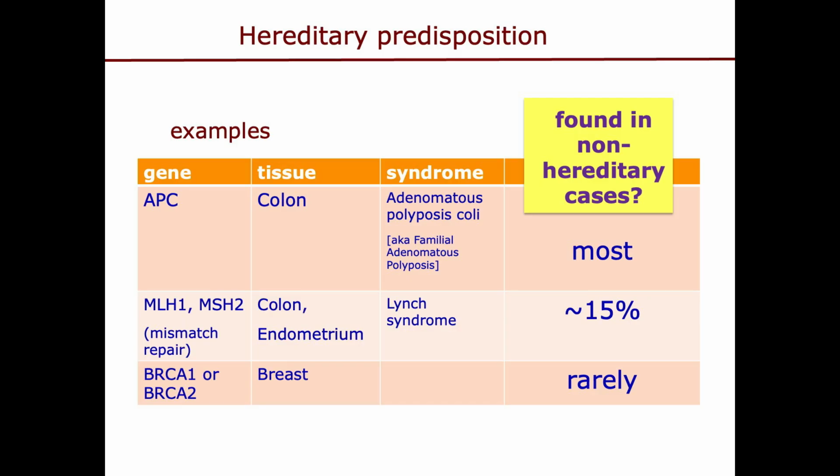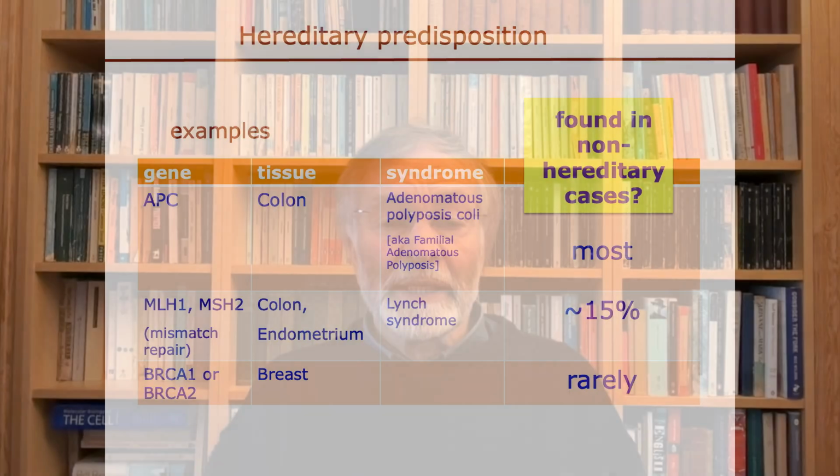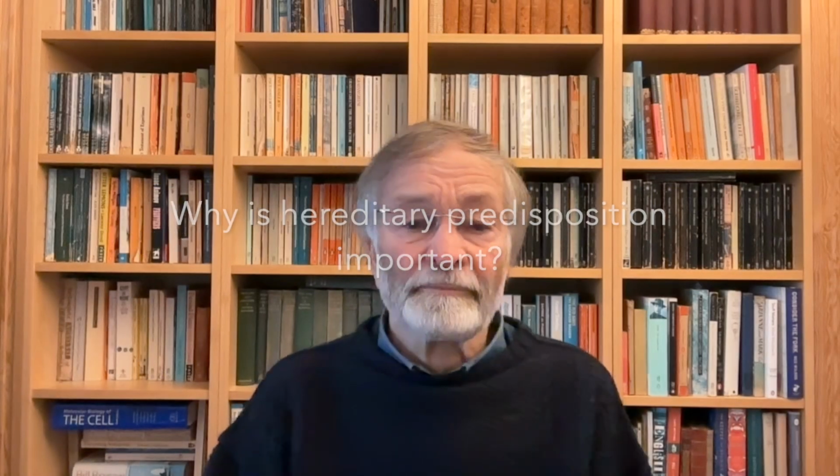This was a disappointment because when the genes were discovered by studying the hereditary predisposition syndrome, it was hoped that we would find genes which played a key role in all breast cancers, and that hope wasn't fulfilled.